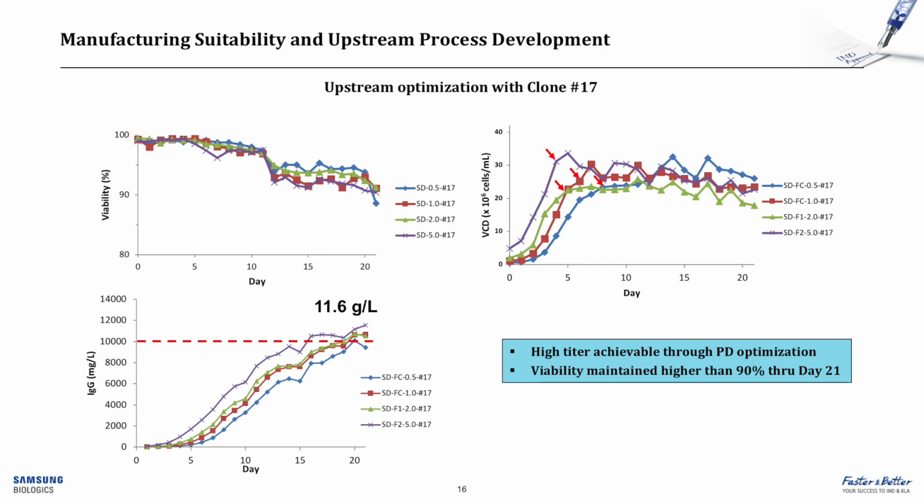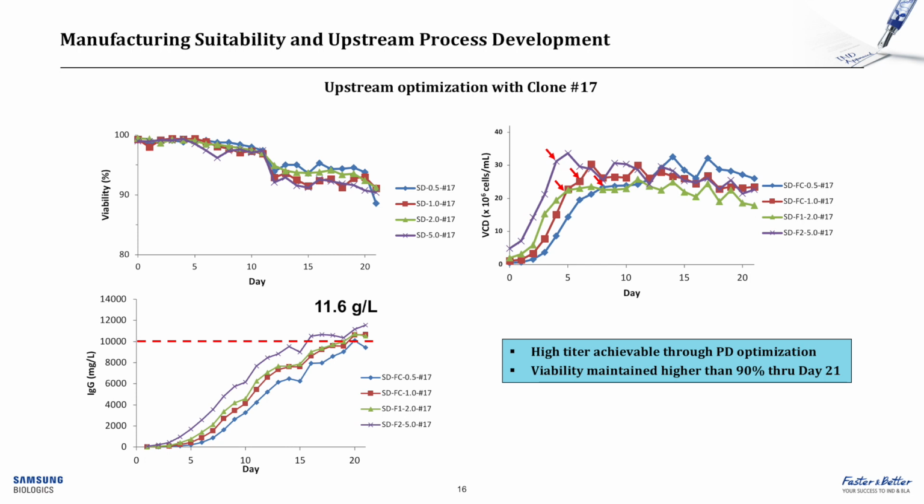So now that we had clones that were reaching 7.6 gram per liter, we initiated some upstream process development. Here we're looking at just some feed strategies and different seeding densities. And we showed this slide really to point out the manufacturability or the robustness of the cell line, truly what makes the host special.